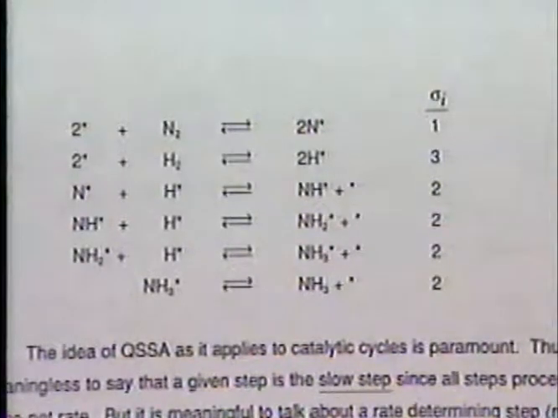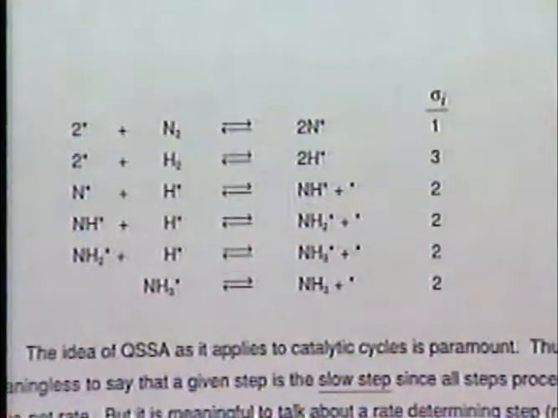If we multiply each step by the stoichiometric number of that step, and if we sum up all the steps, we reproduce the stoichiometric equation for the reaction the way we have decided to write it.